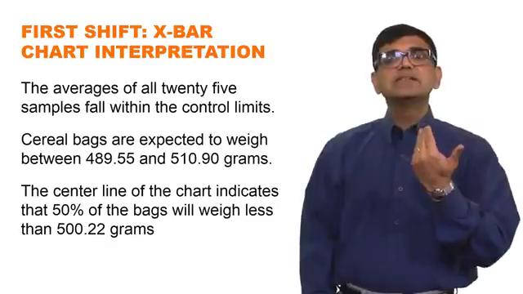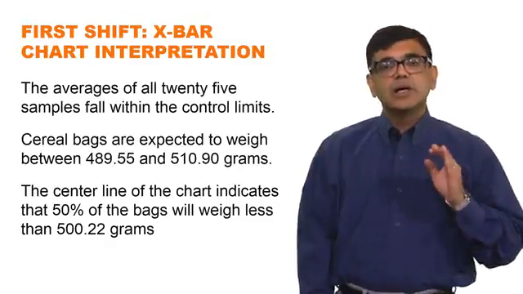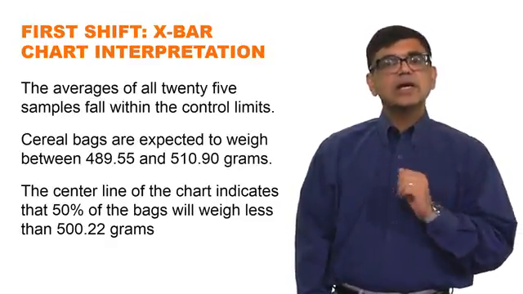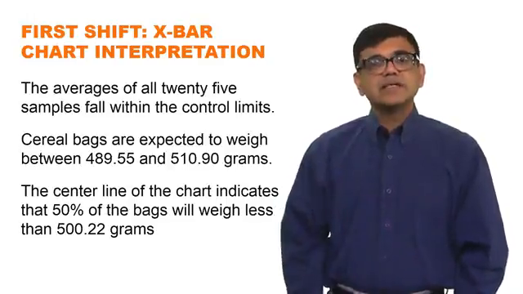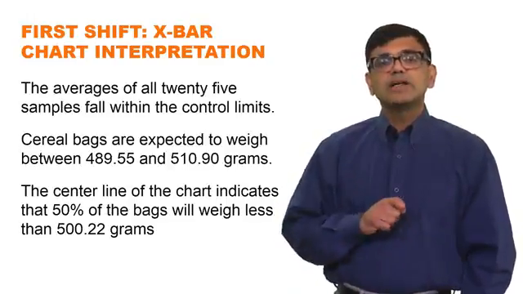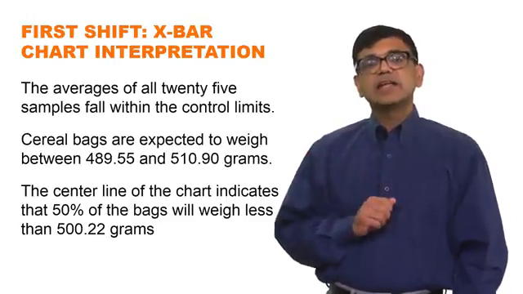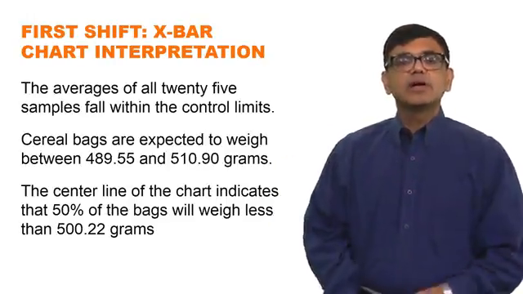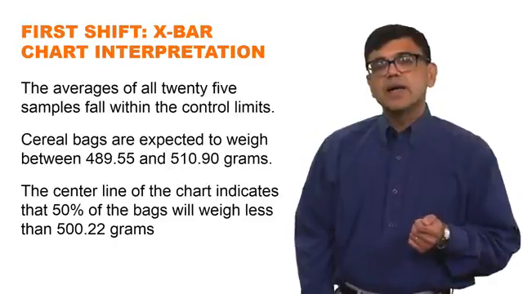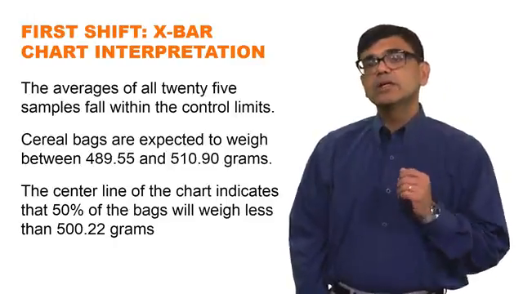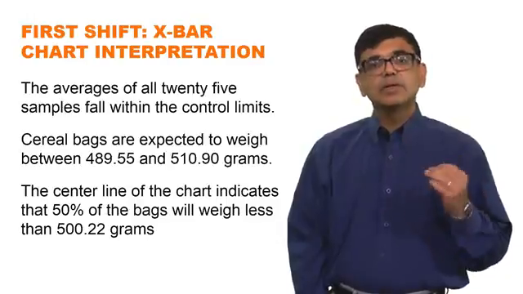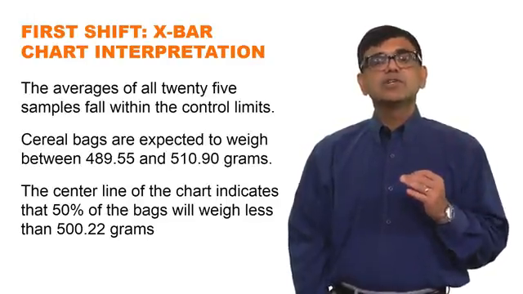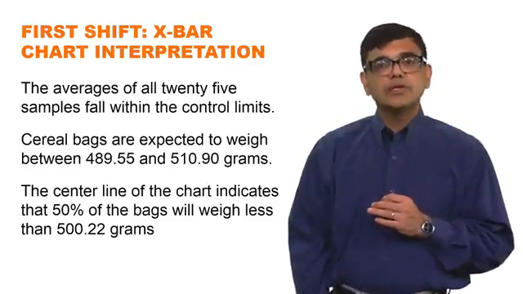So we can go ahead and state something about the inherent capability, the inherent potential of this process, and we can say that cereal bags are expected to weigh between 490 and 511 grams, if you were to round. What you can note from here is that although everything is in statistical control, the center line for this chart was 500.22 grams.